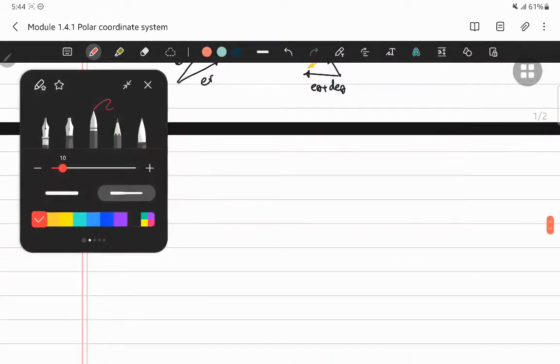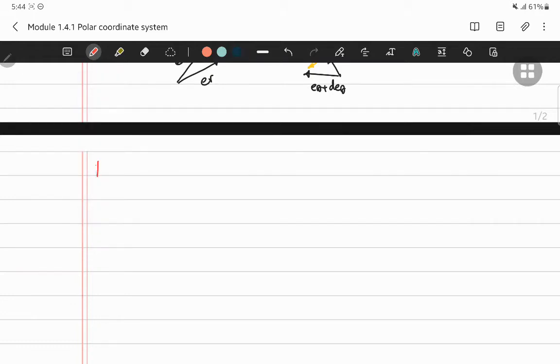So a point, the position vector, maybe it's better to say position vector in polar coordinate system.